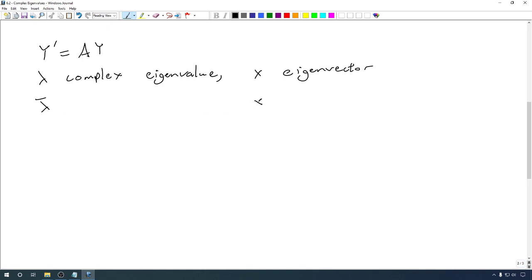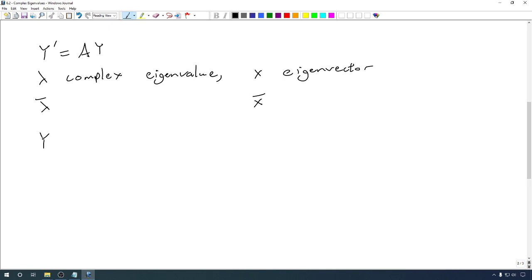And it also means that x bar, because the x here is actually going to be a complex vector, x bar is also going to be an eigenvector, but corresponding to lambda bar. Remember, the conjugate just means that we're making the imaginary part, the part with the i in it, negative, but leaving the real part, the part without the i, as whatever it was to begin with.